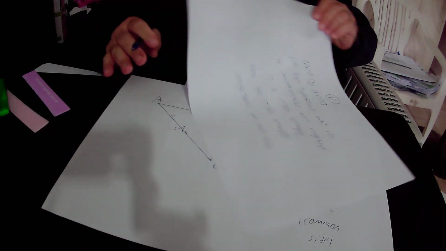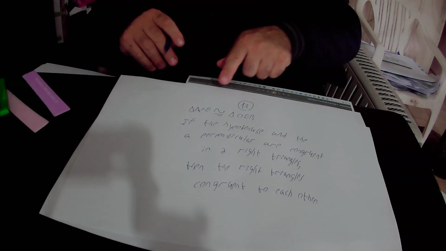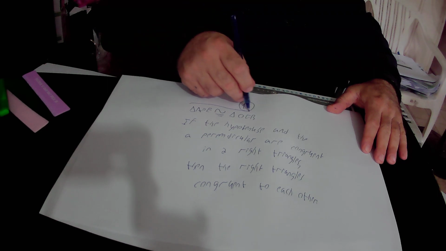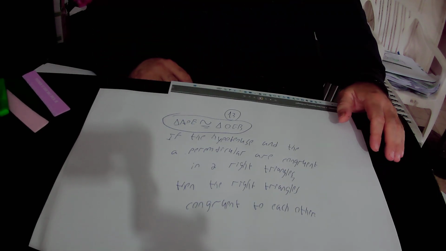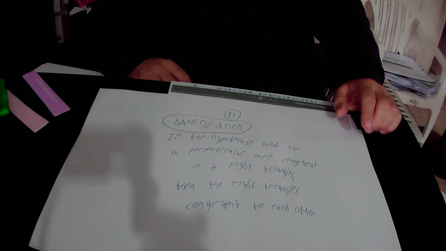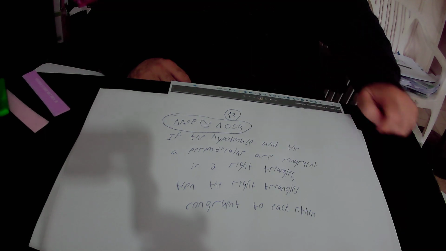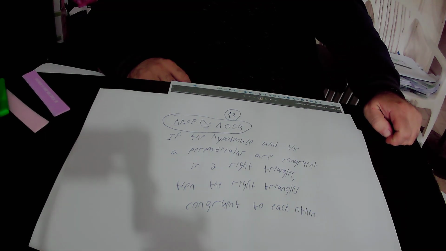So I'll read again. We proved that triangle AOE is congruent to triangle OEB according to the rule that if the hypotenuse and the perpendicular are congruent in two right triangles, then the right triangles are congruent to each other.